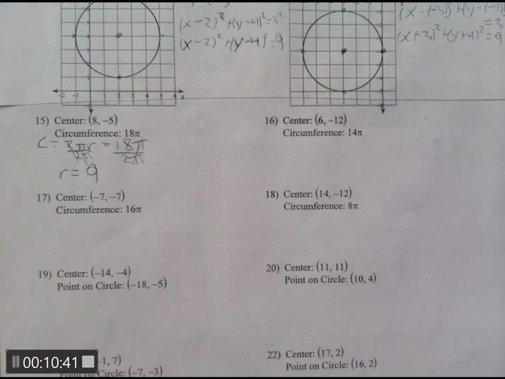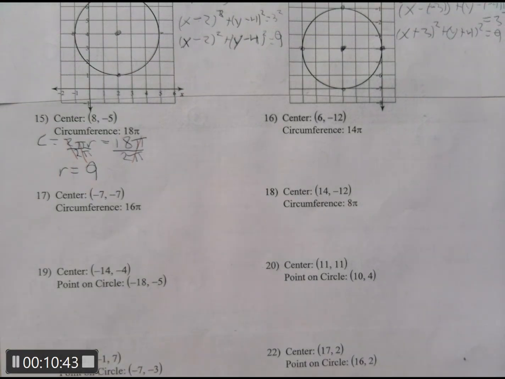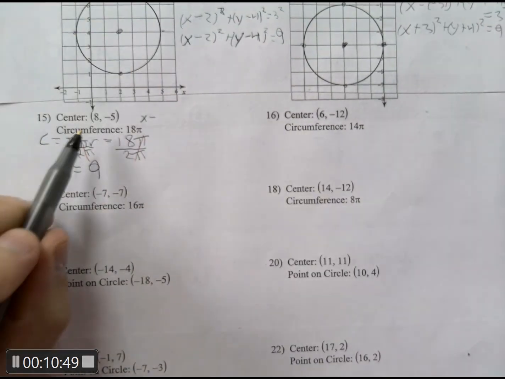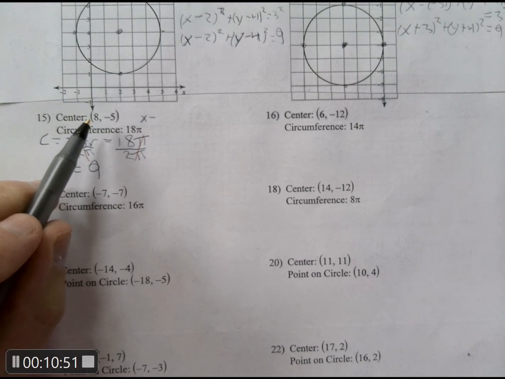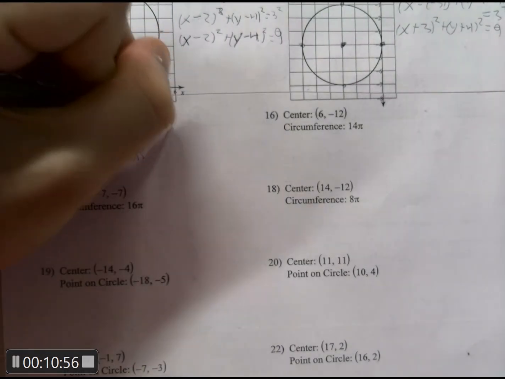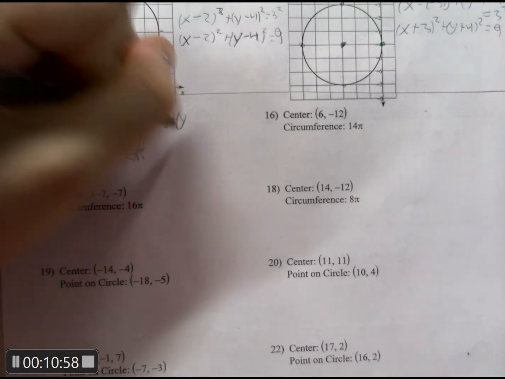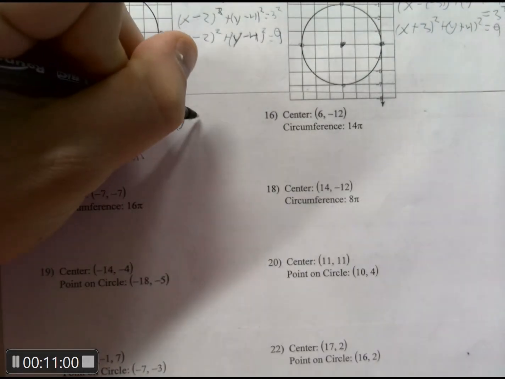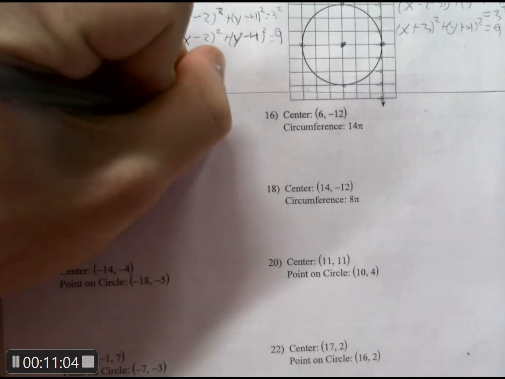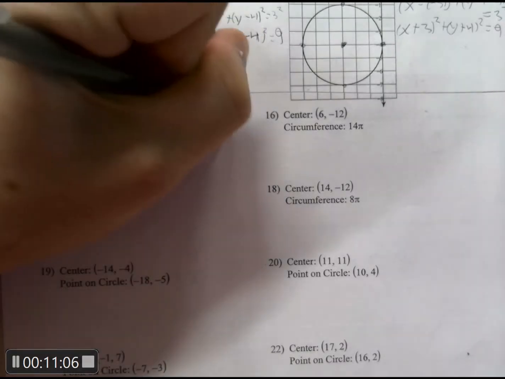Alright, so from there, it's as simple as just plugging into the formula. Okay? So we have our x minus our h, which is 8 here. Right? x minus 8, plus y, let me sneak that parentheses in, minus negative 5, because that's okay, squared, equals r squared.